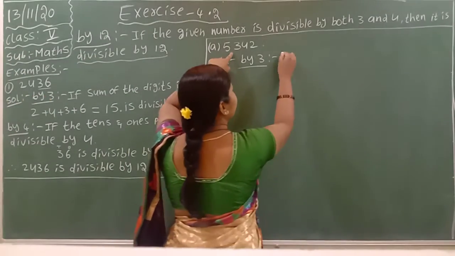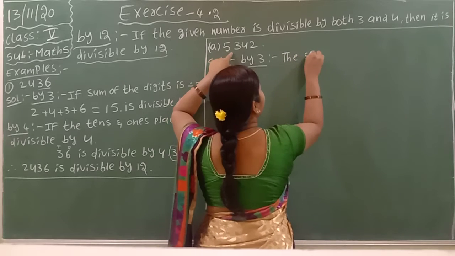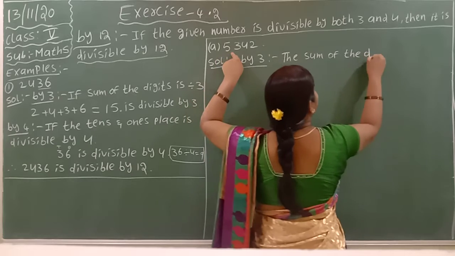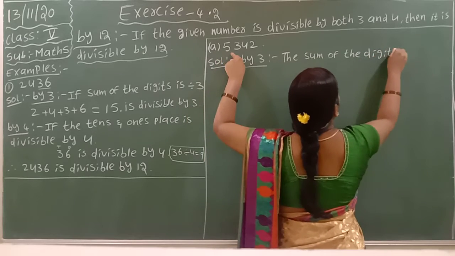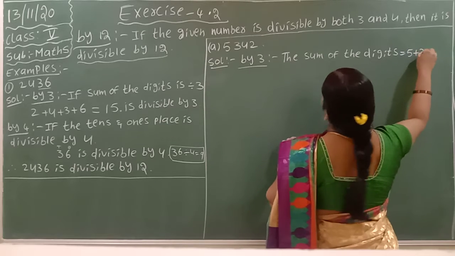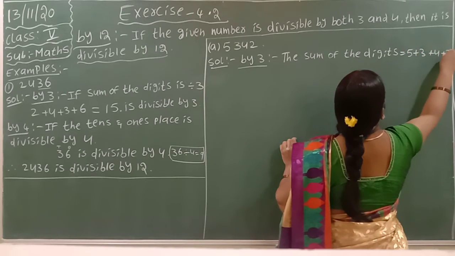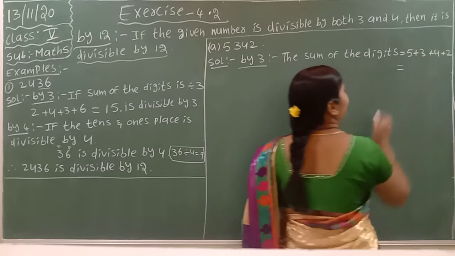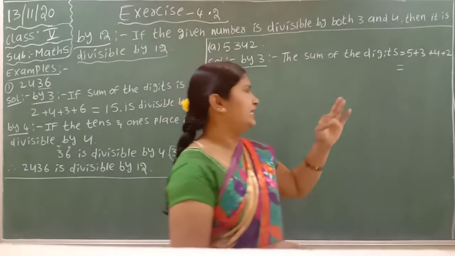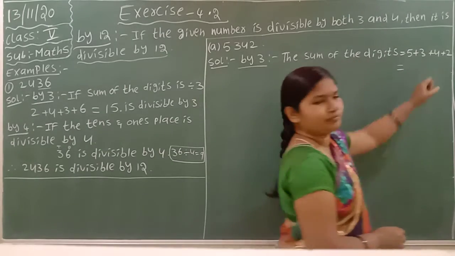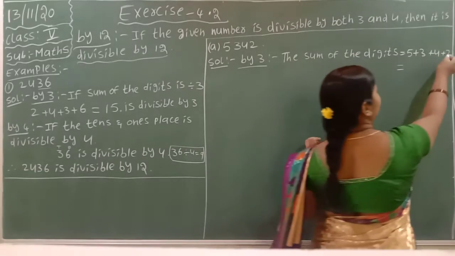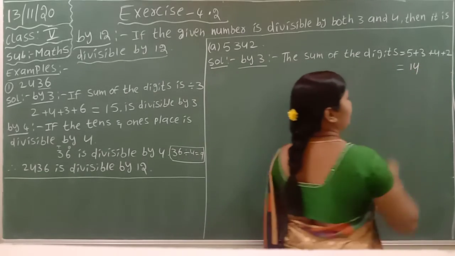Here, the sum of the digits is equal to 5 plus 3 plus 4 plus 2. 5 plus 3 is 8. 8 plus 4 is 12. 12 plus 2 is 14.